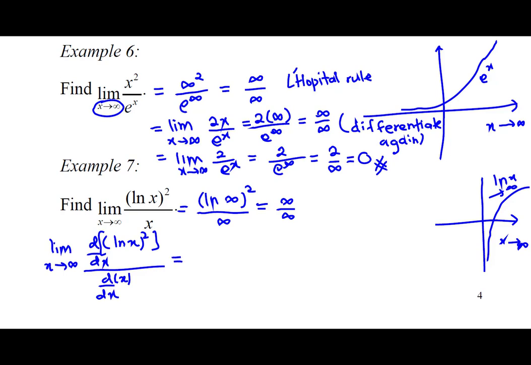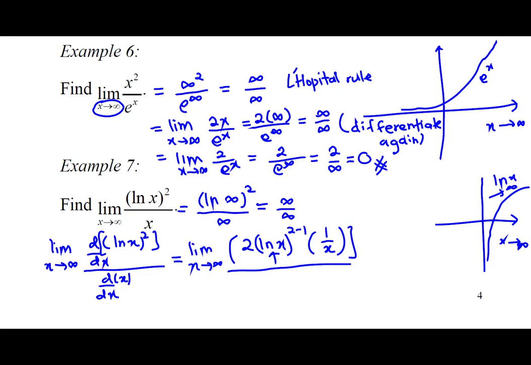You can directly differentiate: you have 2, then ln x to the power of 2 minus 1, multiplied by the derivative of ln x, which is 1 over x, divided by the derivative of x, which is 1. So you get the limit of 2 ln x over x divided by 1.